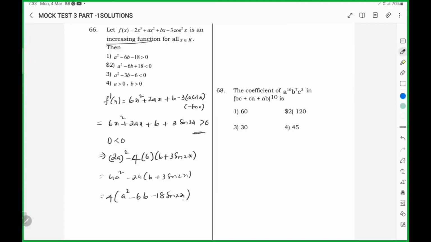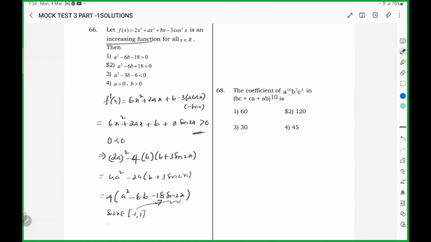It must be negative. So if the maximum is negative, the minimum is obviously negative. Sin 2x range is between -1 and 1. For the maximum, if you put minus, then it's minus 18 into -1 plus 18.